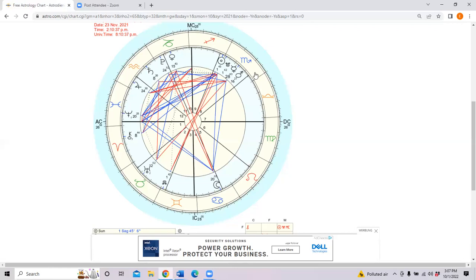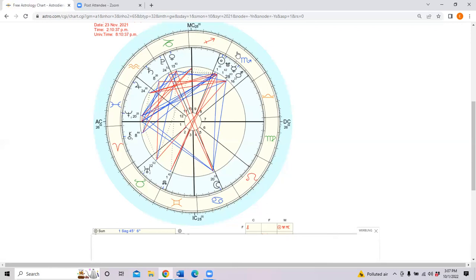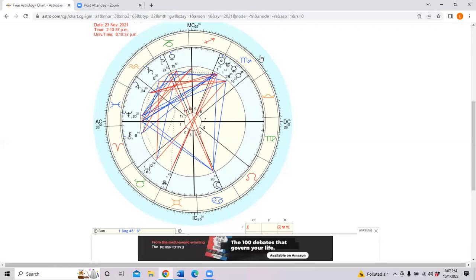I would also look at the nodal axis, but I don't look at it in terms of your past life. I look at it more in terms of where you're starting this year out, where you're coming from, where the solar return year starts.